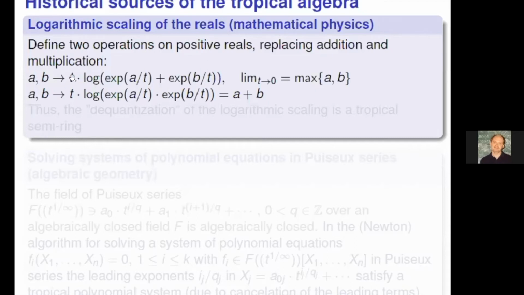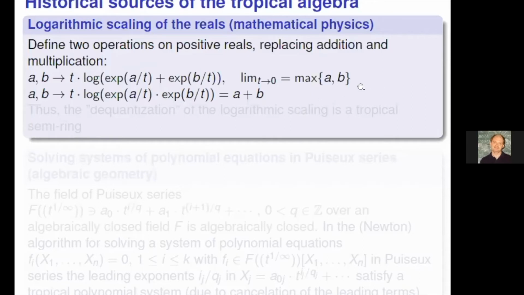It's like in quantum mechanics, where they introduce a parameter t, and this is somehow a quantization, a quantum parameter. And what do you have by tending t to 0? You just see it's a maximum. And in a similar way, you change the multiplication, but then it turns out to be addition. That's how they replaced the arithmetic.